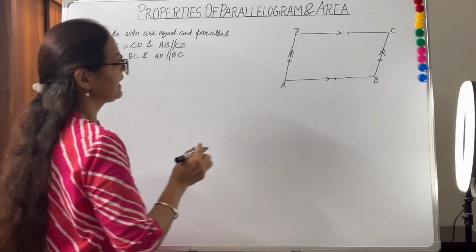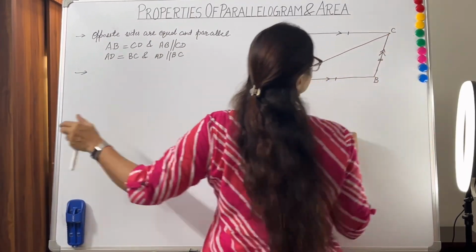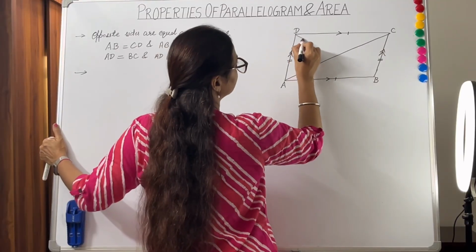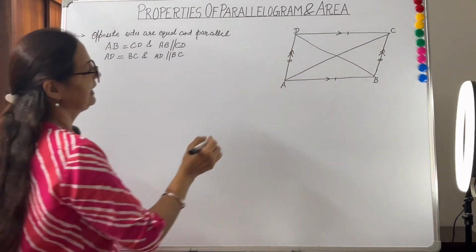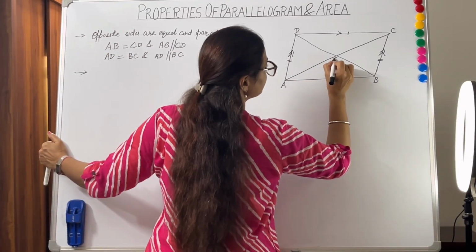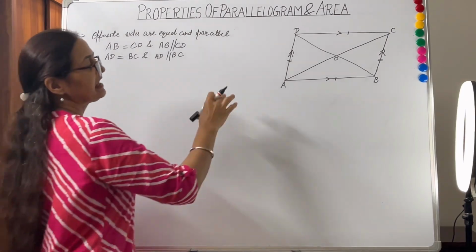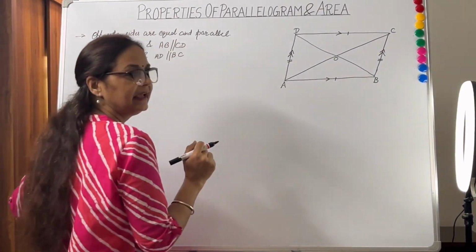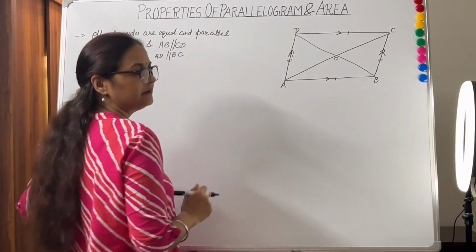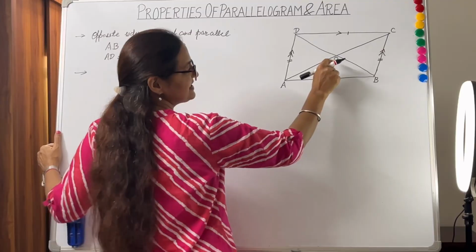Then second one is, now if we join the opposite vertices of parallelogram, we get its two diagonals. Let's say these diagonals are intersecting at point O. So there is another property of parallelogram that diagonals bisect each other. Bisect means they divide each other in half. What does this mean?